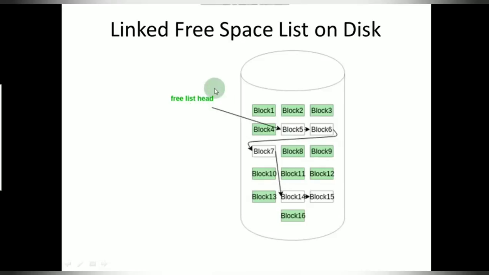That is, the head of the list is maintained separately, and then it points from block to block: 5, 6, 7, 14 and then 15. The last block also contains a null pointer, which indicates that it is the end of the list.